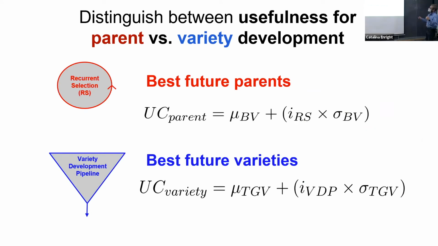But note that consistent with my two-part strategy here, I have two different kinds of usefulness. The one kind just involves additive effects, breeding values, and additive genetic variances. But for varieties, it's the total genetic variance that matters. So I need a sense of non-additive effects that go into the mean and non-additive effects that go into the variance of total genetic values.